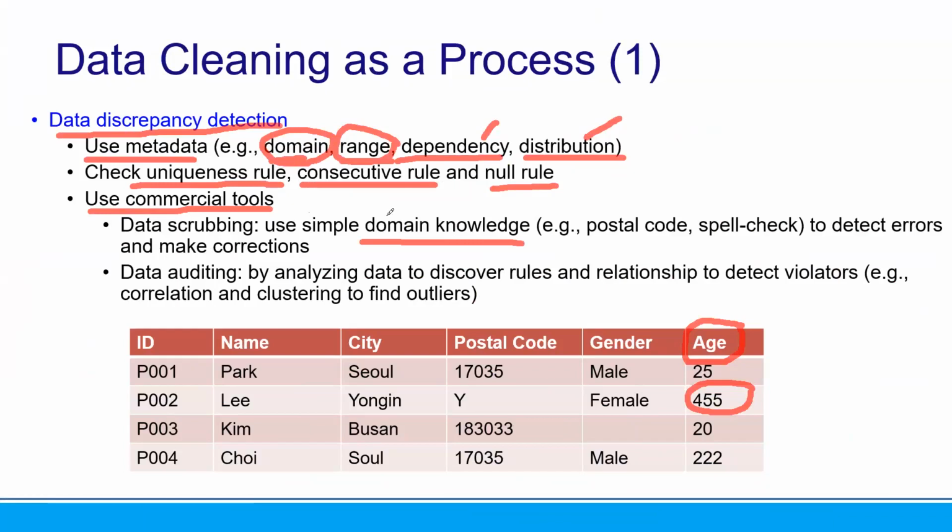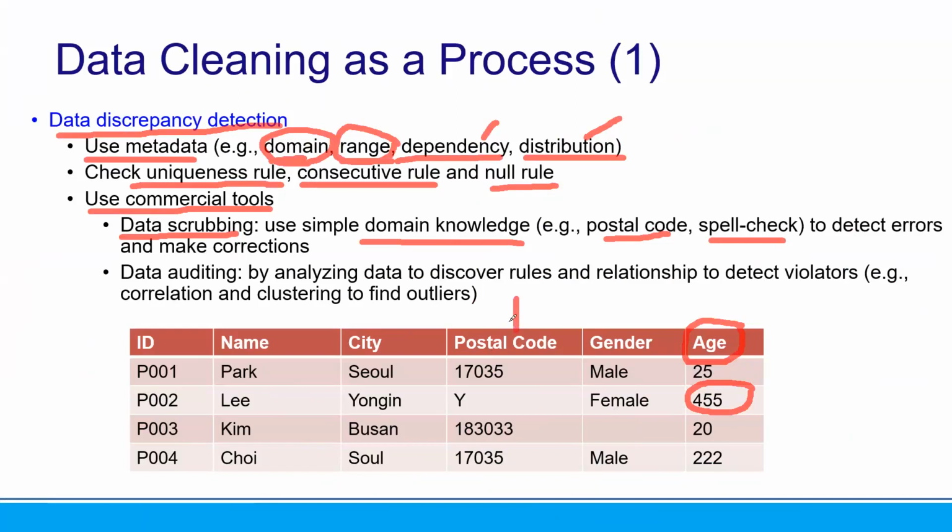So that's the commercial tool, or we call it data scrubbing. You can use the postal code, or you can have spell check. If you use Hangul, or if you use Microsoft Word, if you type something with an error, then there will be a red line. So that's data scrubbing.